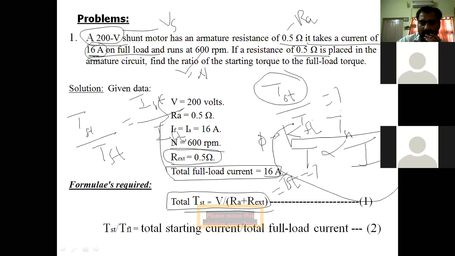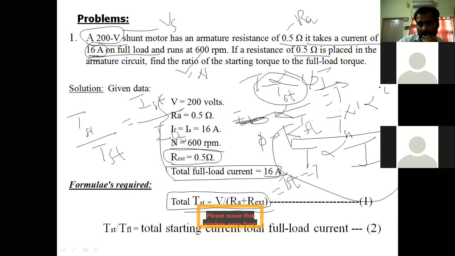You will see from the earlier discussion that torque is directly proportional to phi Ia, and Eb is directly proportional to N phi. N is directly proportional to Eb and inversely proportional to phi. So the torque is directly proportional to phi Ia. In the shunt motor, we take phi as a constant.